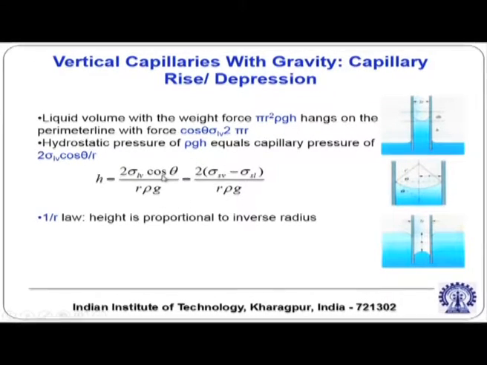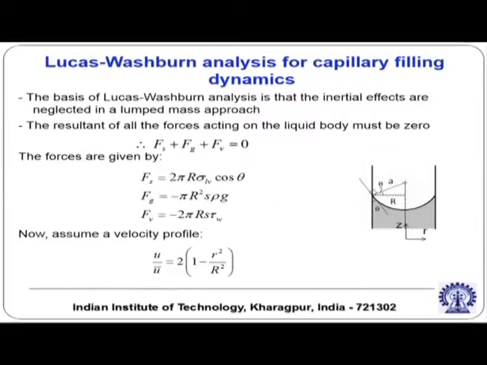In the view graph we write it as small h, and here I have used capital H, other parameters are the same. The height is proportional to the inverse radius, this is what we should remember, and that gives the perspective in micro nano fluidics.